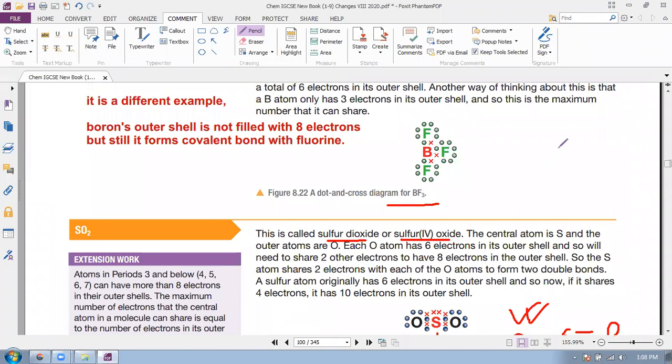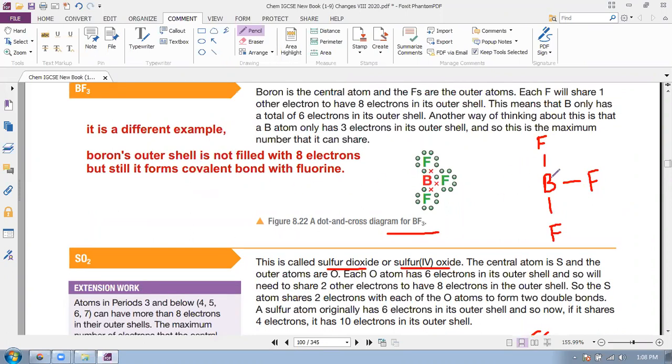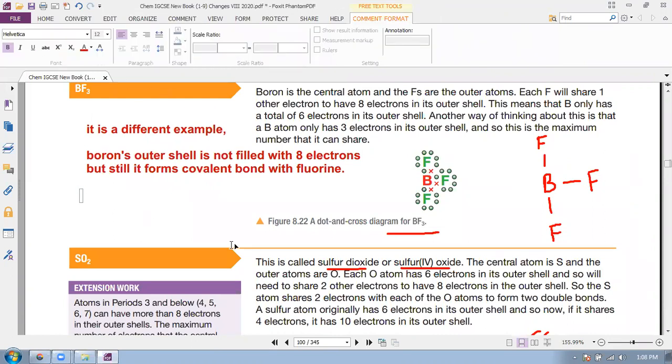What will be the BF3 here? B, here is 1. This is the bonding diagram. There is another fluorine. F for fluorine. F for fluorine. And you can see this electron configuration. You know the electron configuration. Boron equals 2, 3.